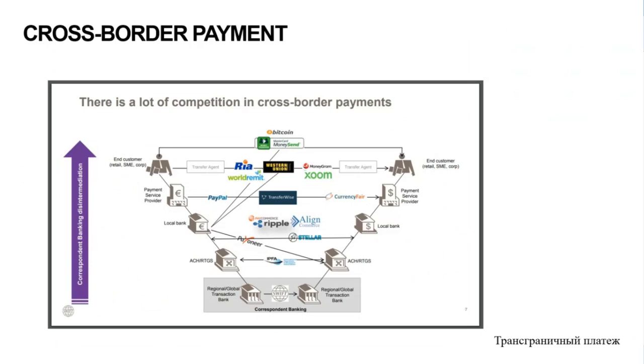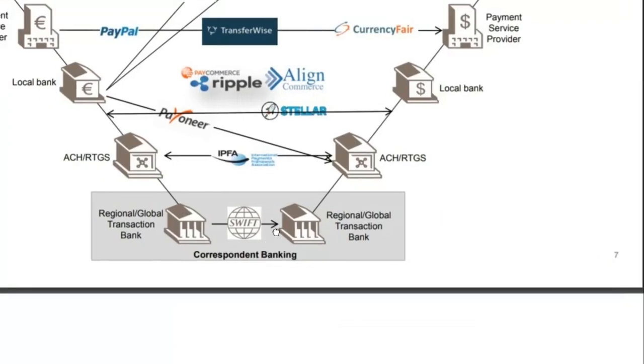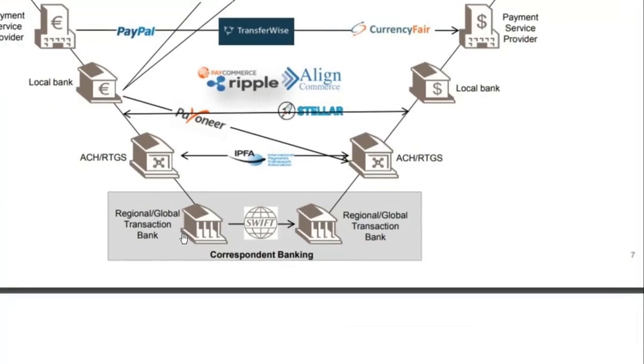Taking a look at this, classically, payments are done from one corresponding bank to another bank using protocols like SWIFT. And if you know about SWIFT, you know that, for example, in Russia, SWIFT does not work now because of sanctions. The SWIFT service is one of the important aspects of international banking.